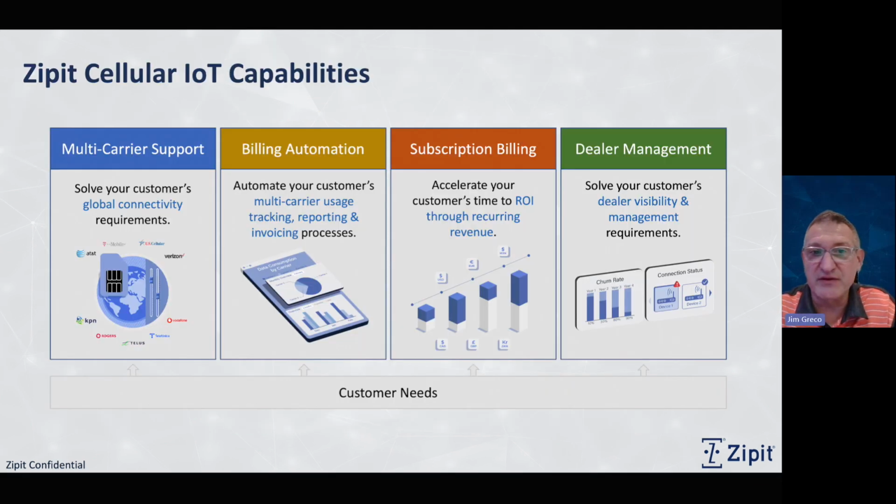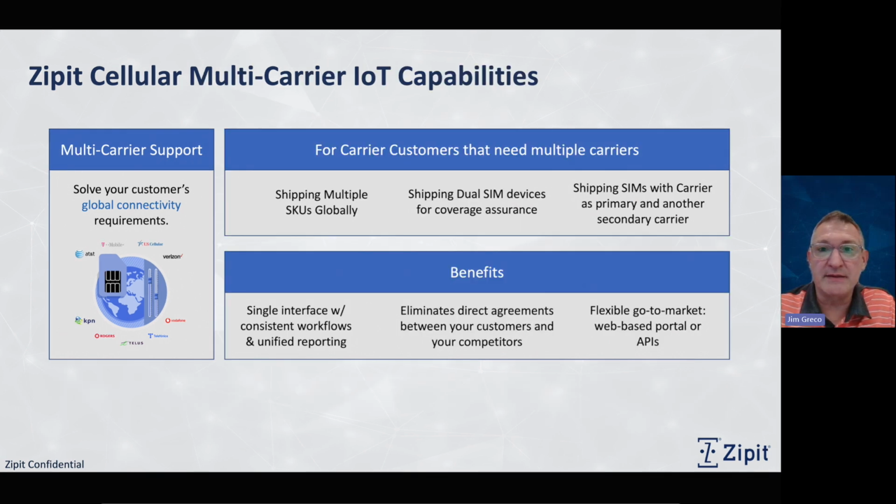So just quickly here, the overarching capabilities for Zipit: multi-carrier support, billing automation, subscription billing, and dealer management. And as part of our billing automation discussion today, we'll hit upon 3 of those capabilities and leave subscription billing for that video number 3. So a little bit more on the multi-carrier capability, which is the first one.